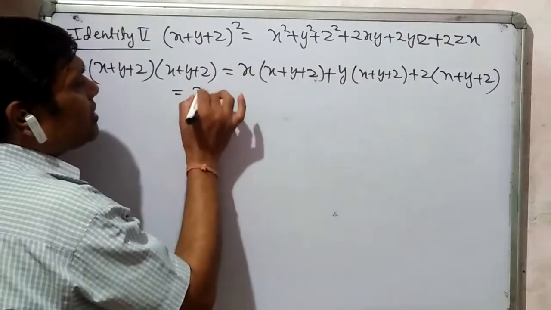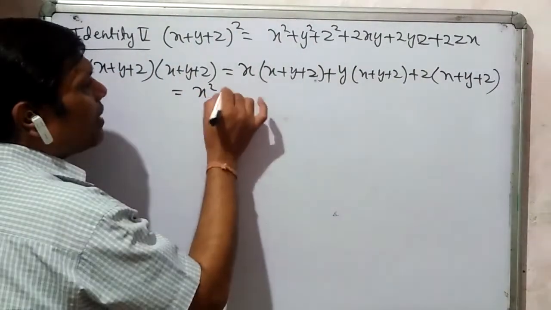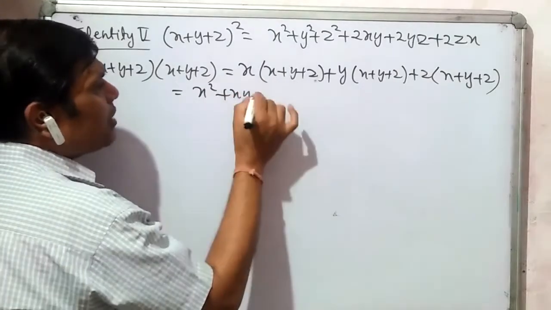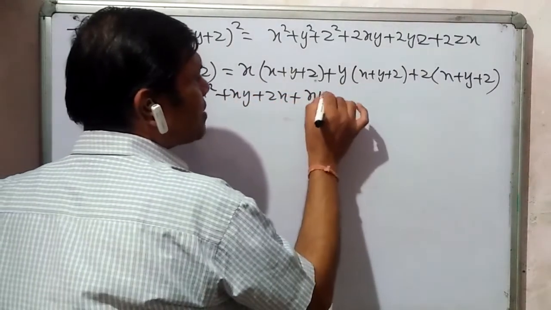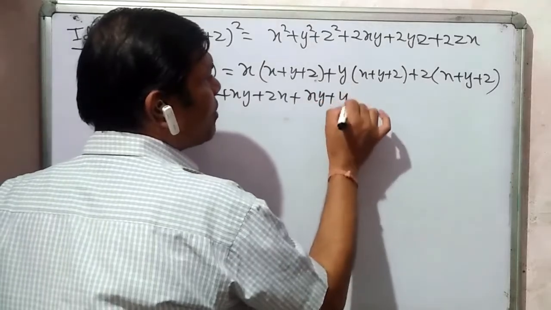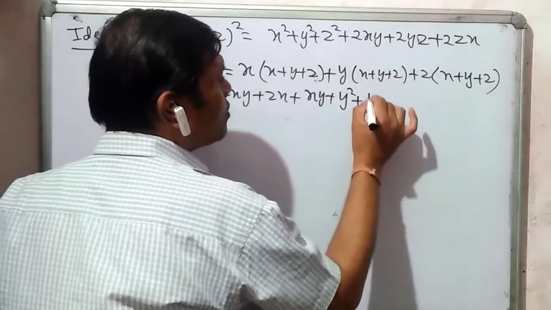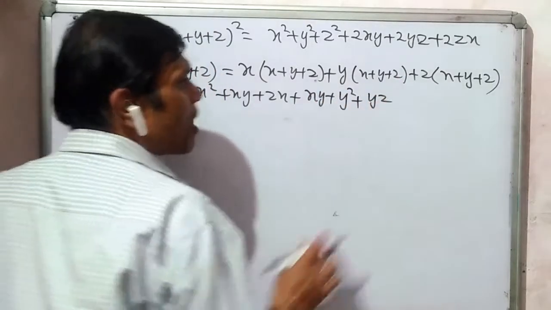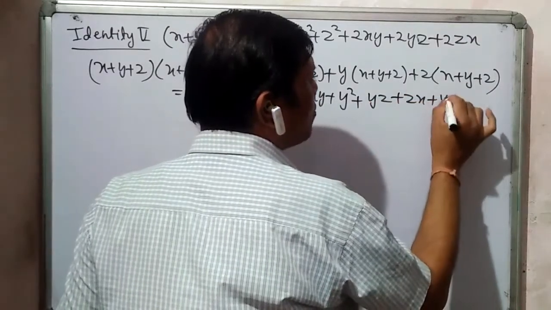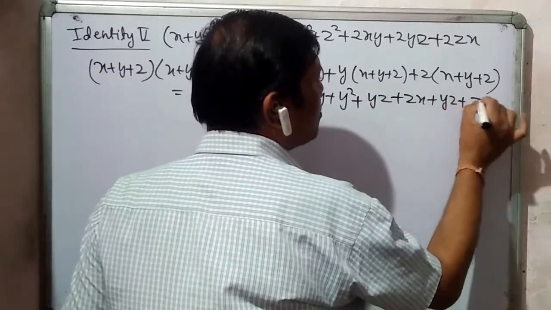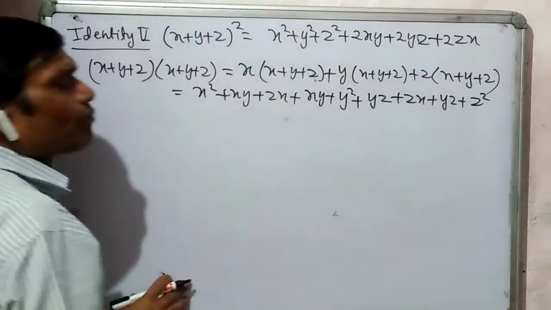What we get is x square, x into y, xy, x into z, zx, y into x, xy, y into y, y square, y into z, yz, z into x, zx, z into y, yz, and z into z, z square.